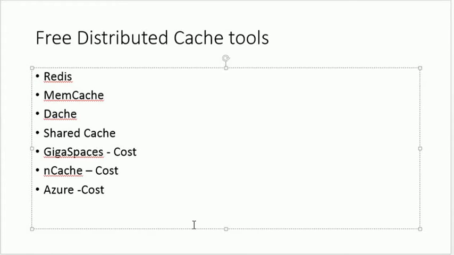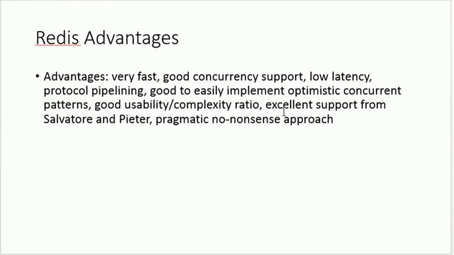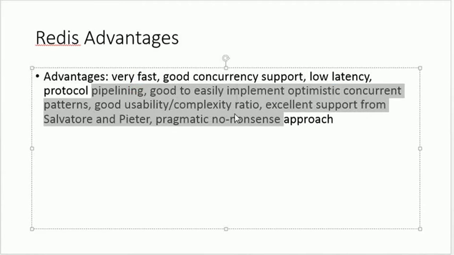After that, in this video tutorial, I'm going to explain about the Redis server, a distributed cache server. Basically, the advantage of the Redis distributed cache server is that it is very fast and gives very good concurrency support and protocol pipelining, and these are the features supported by this Redis server.